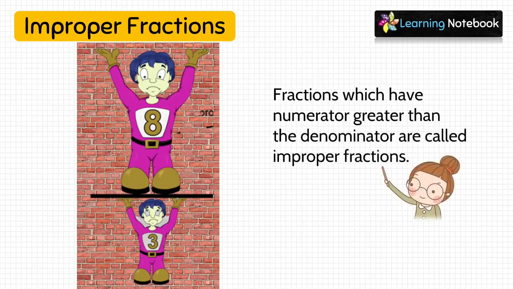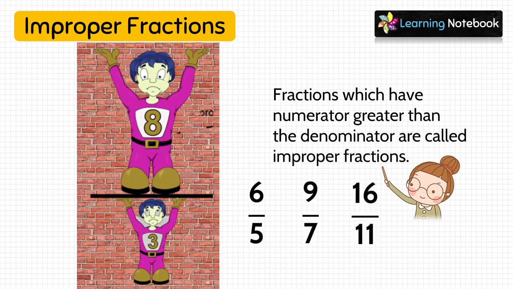So, fractions which have numerator greater than the denominator are called improper fractions. For example, 6 by 5, 9 by 7, 16 by 11. All these are improper fractions because their numerator is greater than their denominator.